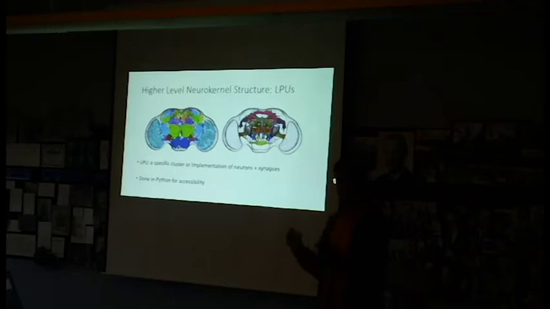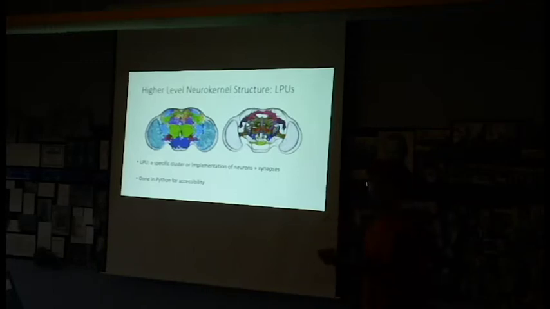So when we design neurokernel, when we want to think about, okay, how are we actually building this system? We want to think about how we can mimic this kind of functionality in the brain. How can we mimic this networking capability where distinct clusters of neurons are working together? And that is something we call an LPU, a local processing unit. Neurons in the brain all function independently, right?